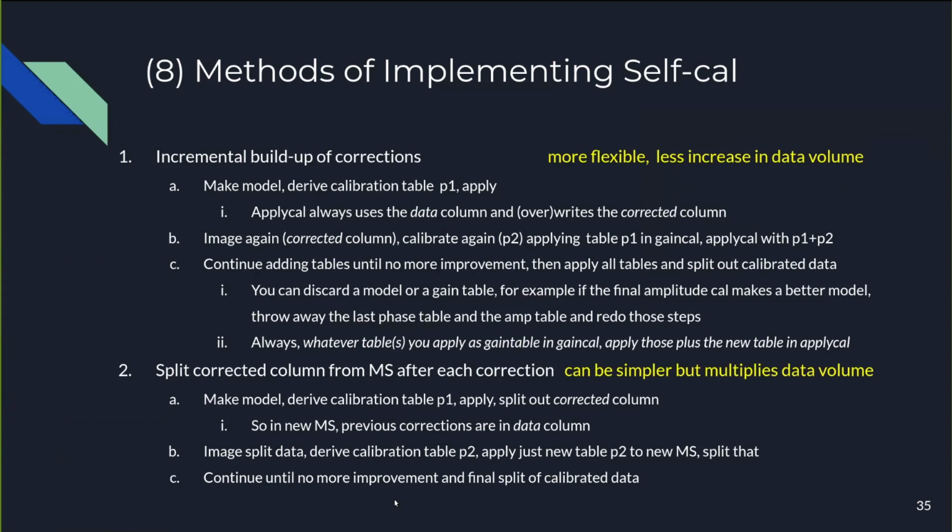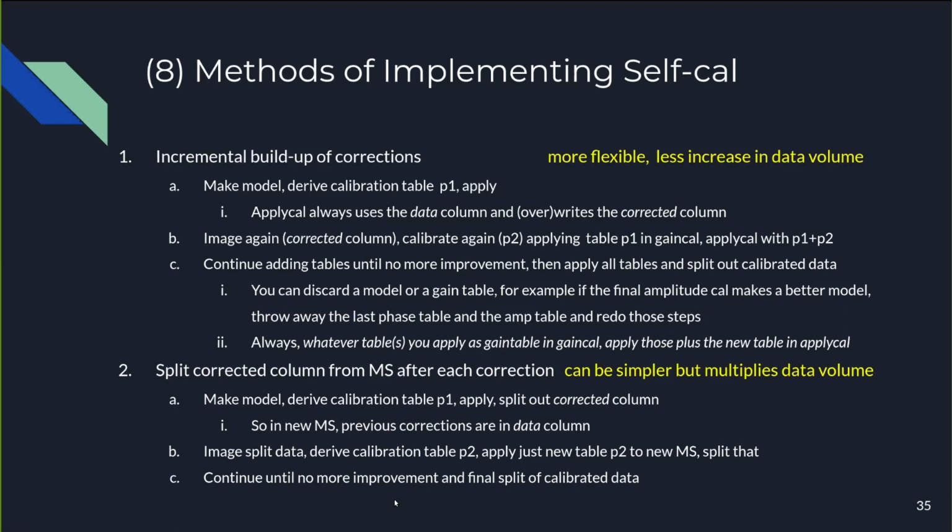The second time we applied that gain table in gain cal, we derived a new gain table P1, which just contained the incremental additive solutions, much smaller solutions. We applied 2 gain tables in apply cal. Then if you carry on, you would apply those 2 gain tables in gain cal, and you'd have 3 gain tables in apply cal, and so on as you're carrying on.